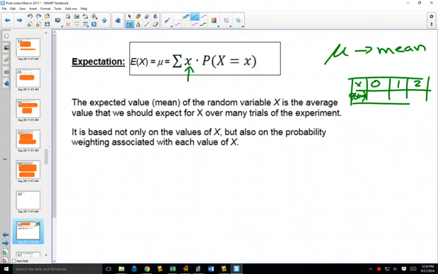And that gets multiplied by each of their probabilities. So if 0 happened, let's use our flipping the coin, 1 out of 4, 2 out of 4, 1 out of 4. Your chances of getting 0, when you put in 0 here, you go 0 times 1 out of 4.